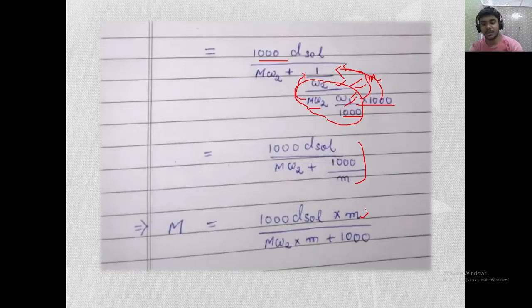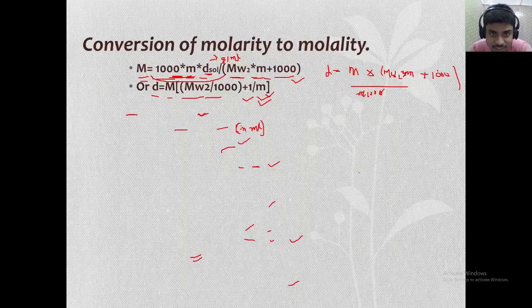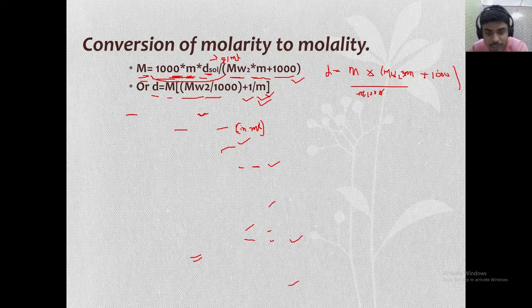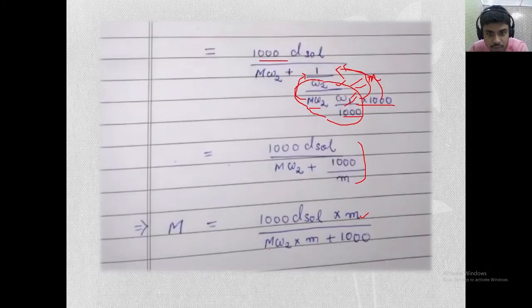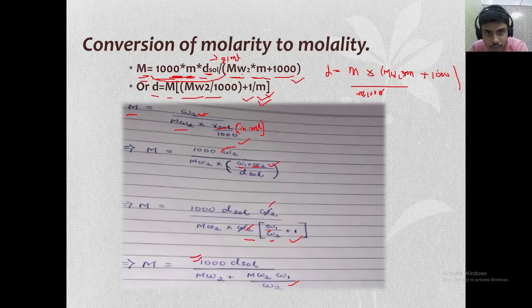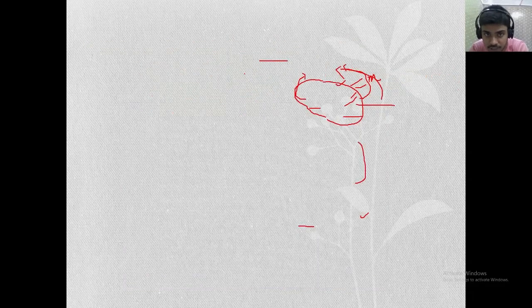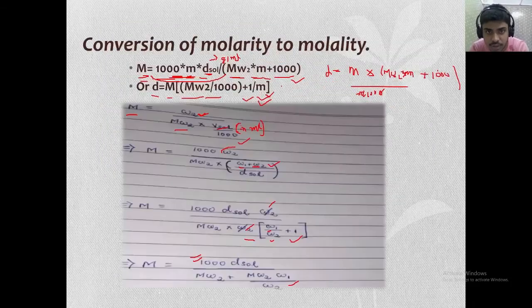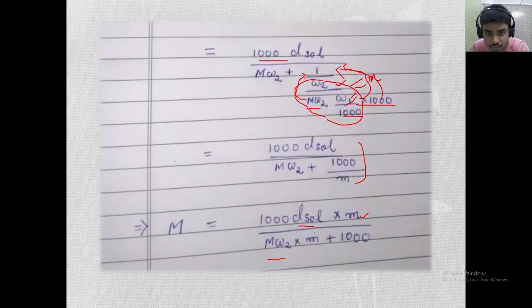So haven't we derived the first formula? Just see what was the first formula. M equals 1000 into m into d by molecular weight of the solute into molality plus 1000.